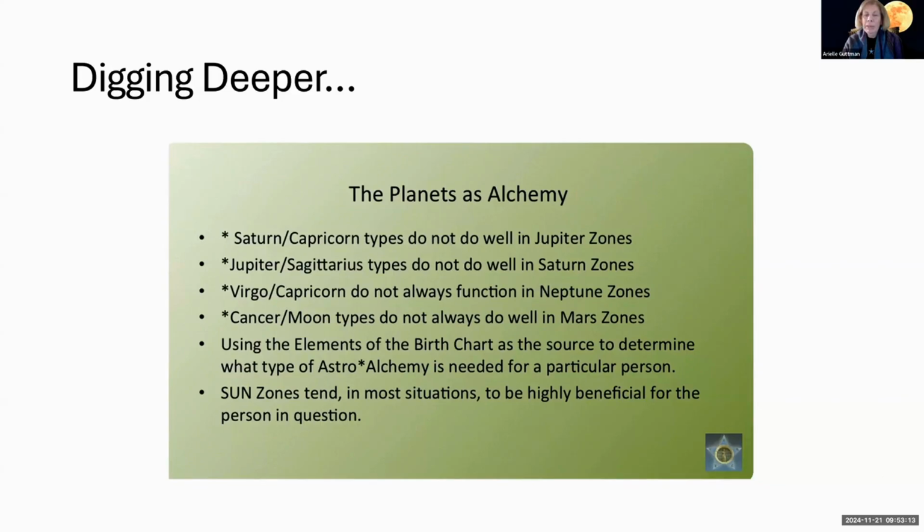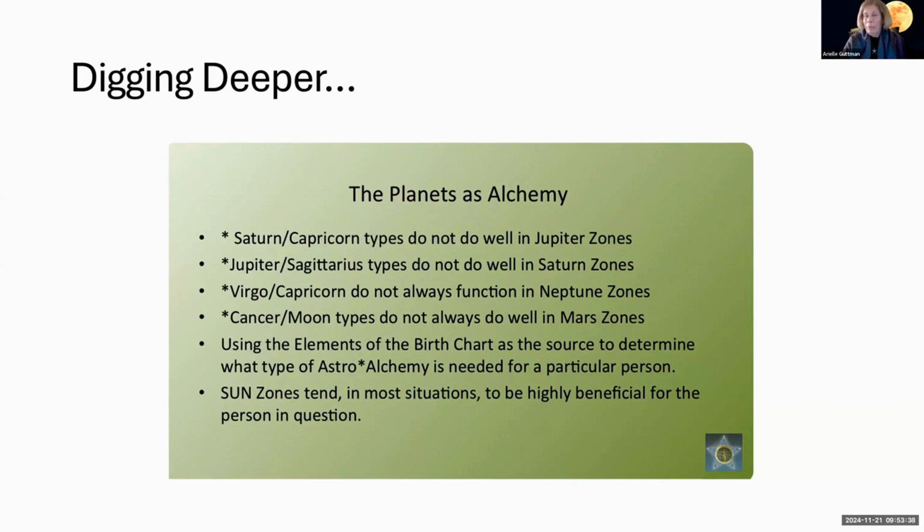This is something that Jim touched upon, and I do think it's worth noting that as alchemy, for instance, Saturn and Capricorn types don't always do well in Jupiter zones. So you might say, oh, let's move you to your Jupiter line.